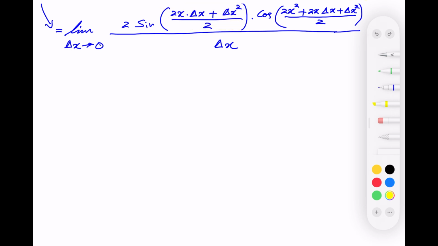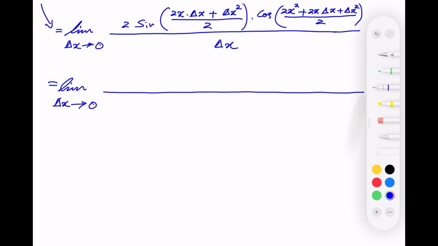When I do that, this is going to be equal to limit as delta x approaches 0. On the numerator, I have a 2 and sine. Let me open big brackets. From all of this, I'm going to factor out a delta x.